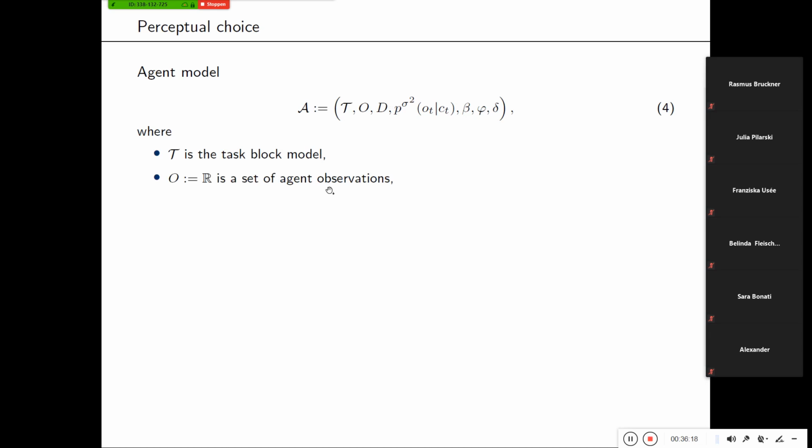What is in a way more important for the agent and for this whole perceptual decision-making thing is that the agent has a set of observations. Sorry, did I say they have access to the contrast difference? Then that maybe was not quite correct. Wait, let me think. We will get to that. Maybe I was confused there for a second.